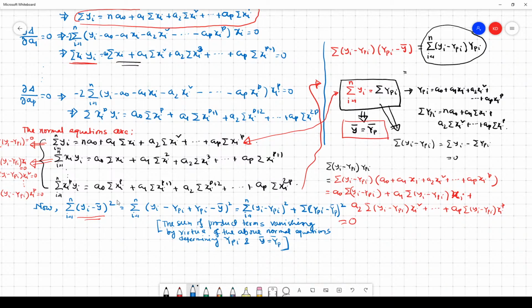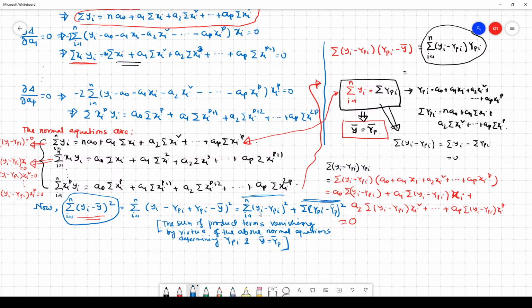Now we see that this sum is nothing but the total sum of squares or total variation, and this total variation is explained by two parts. This part is sum of squares due to polynomial regression, and this part is sum of squares due to errors.